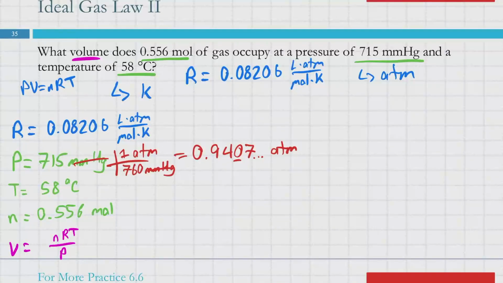For temperature, we're going to add 273.15. So 331.15, we would round this to the ones place, Kelvin. The conversions get a lot faster if you have your conversion factors memorized. It can be really quick. The more you do them, the more you'll have them memorized.